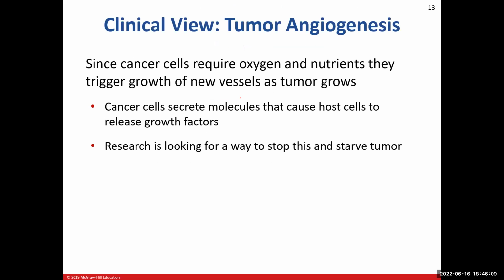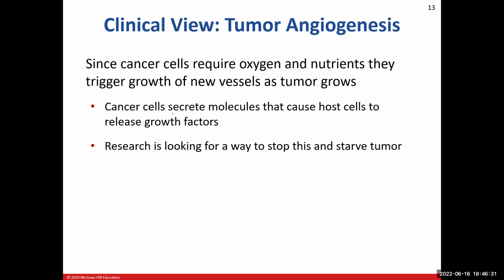So this brings us to our first clinical view when we talk about tumor angiogenesis. And a lot of us have heard about this concept here, how when you get these cancer cells, and cancer cells are like any other type of cell, they need to eat, okay? And so they need nutrients. And so what cancer cells will do is they're really, really clever.